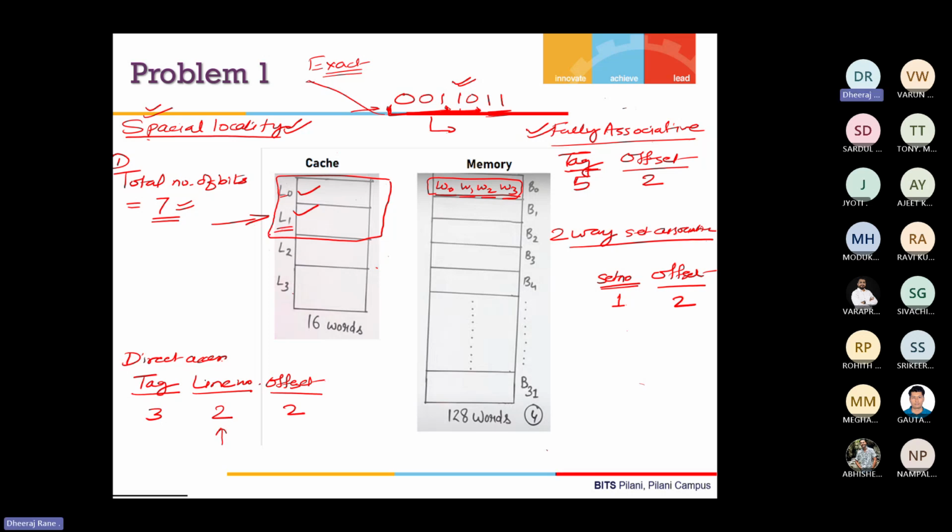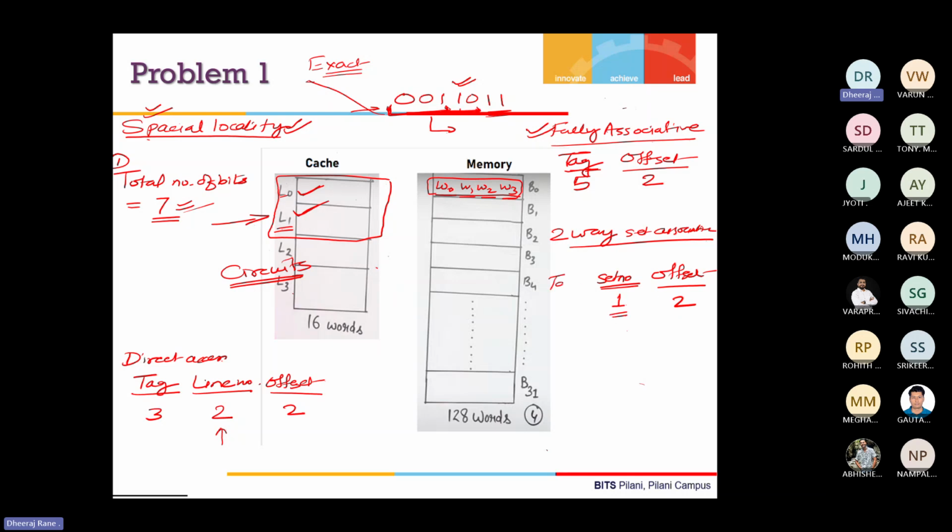The rest will always be taken care of by the electronics, or the circuitry to be precise, just like the associative memory. But at least I need to differentiate between the two blocks within a set, as it is two-way set associative, so I will need one bit.